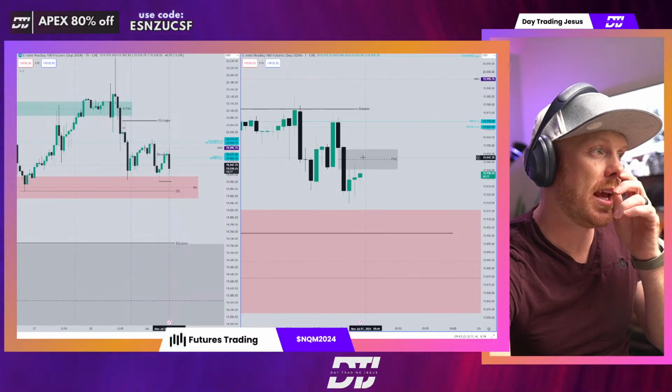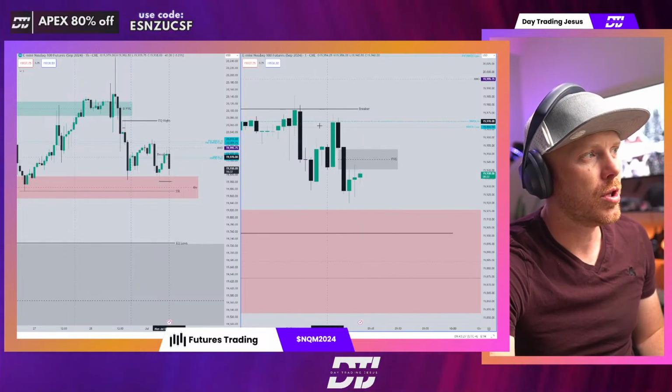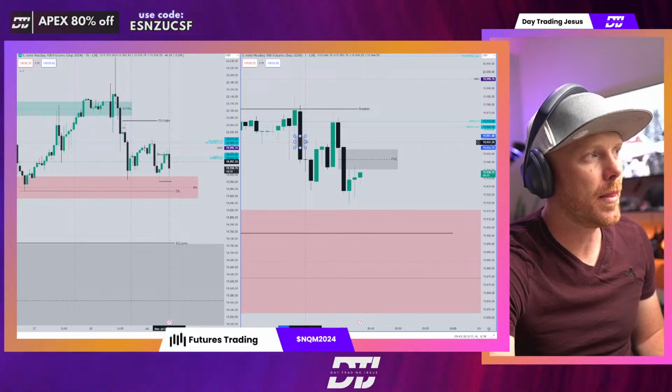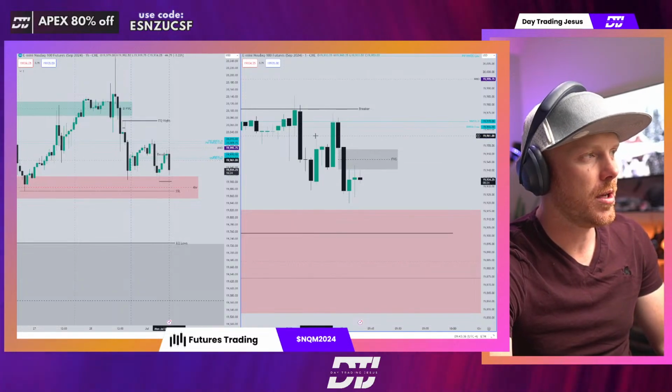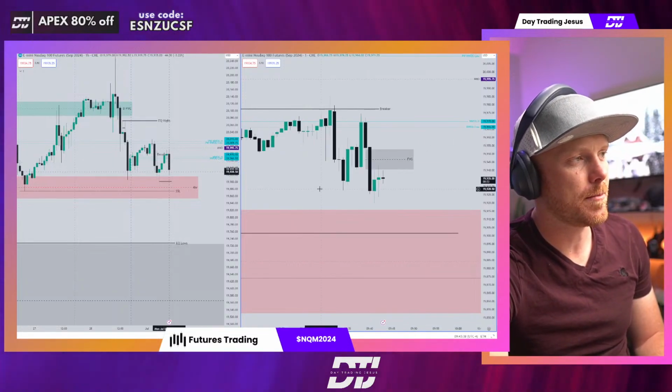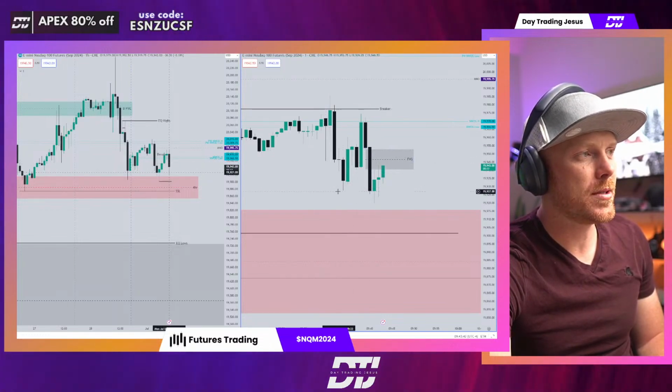There are certain scenarios where you don't take it on every one, because if you look at this one right here, look at this fair value gap. It broke above it. Did it go higher? No, it didn't. You can't take every inversion. There are very specific ones you have to take. Usually, fair value gaps after it grabs liquidity are the most intriguing, and the ones that are in discount.